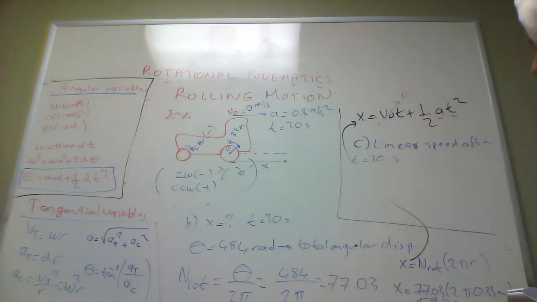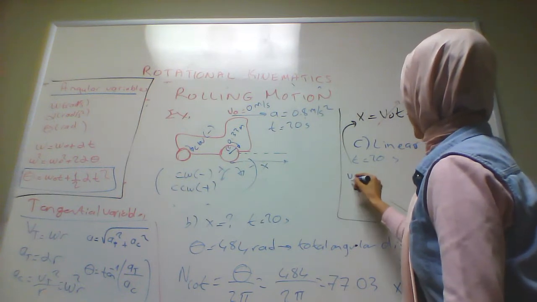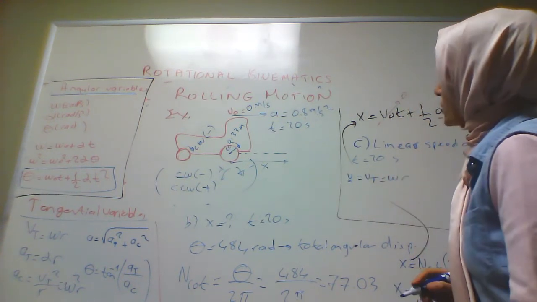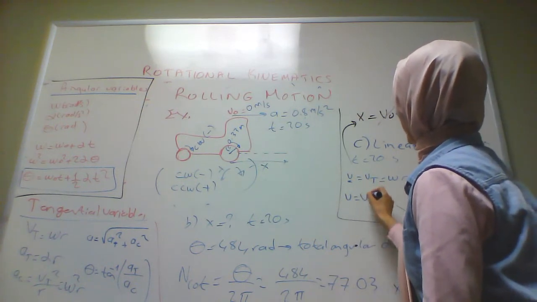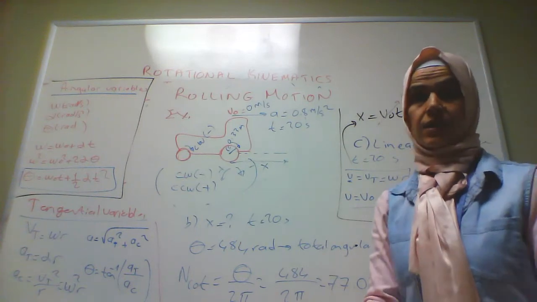Now, I want you to find this in two ways as well. Use v, linear speed, equal to tangential speed, omega r. You can also use v final equals v initial plus at, and they should give you the same result because they are the same velocity.